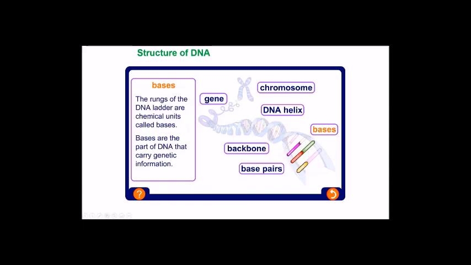So remember, there are 4 bases that always match up in the right order, and these bases are what form the code. So our base pairs, you've always got A and T, and you've always got C and G that will form the base pairs. Okay, so hopefully now you're a little bit more happy with those words.